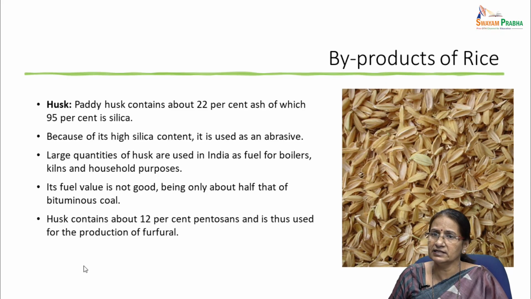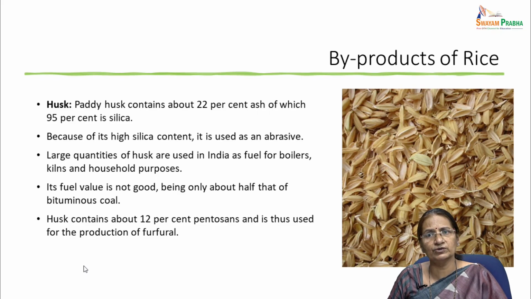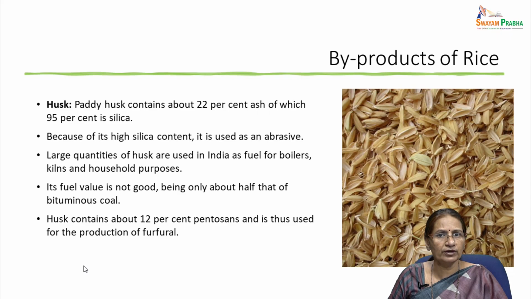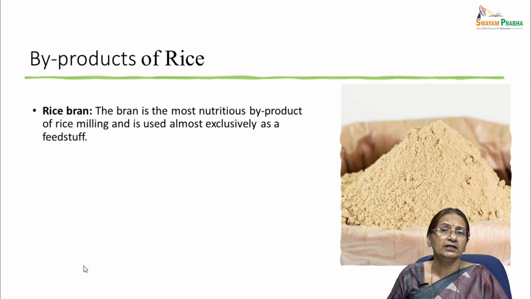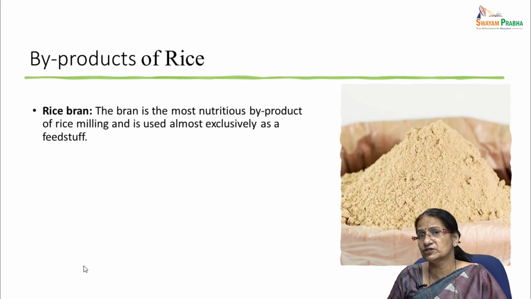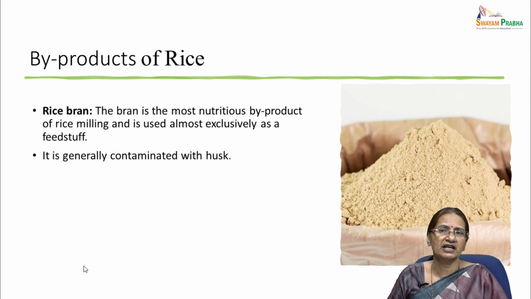Husk contains about 12% pentosans and is thus used for the production of furfural, though it is not as good as oat husk and corn cobs for this purpose. Now, rice bran. The bran is the most nutritious byproduct of rice milling and is used almost exclusively as a feedstuff. It is generally contaminated with husk, which lowers its nutritive value.